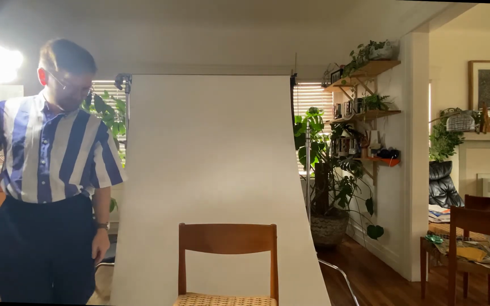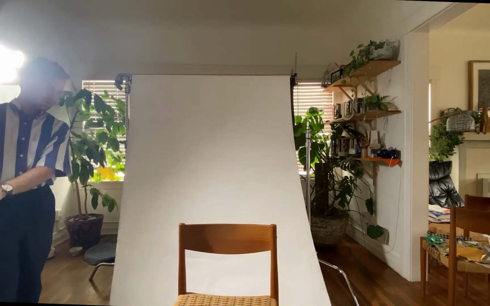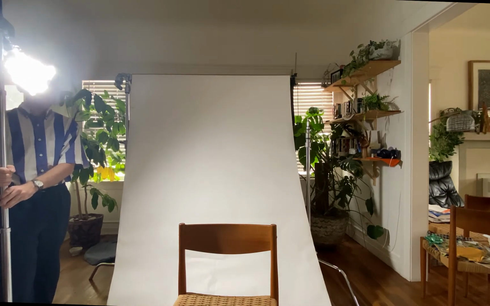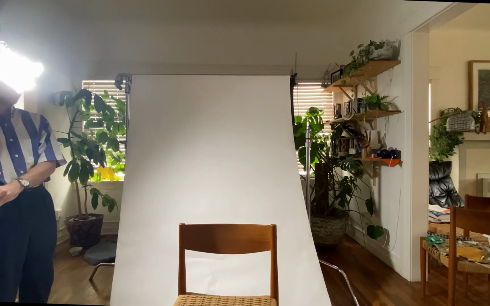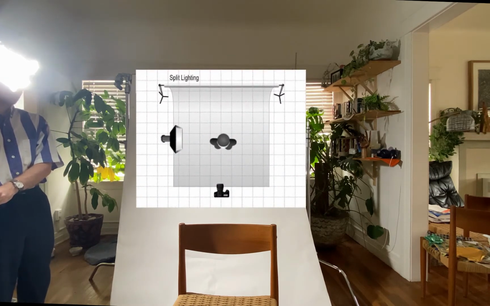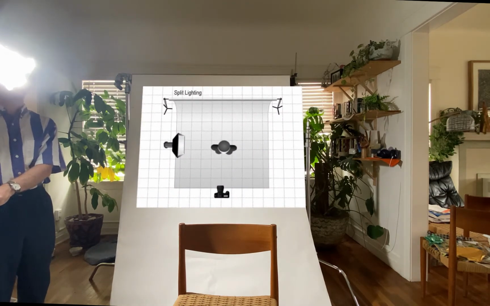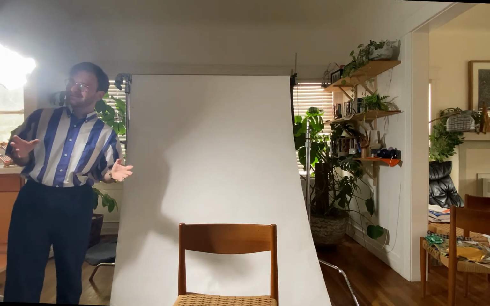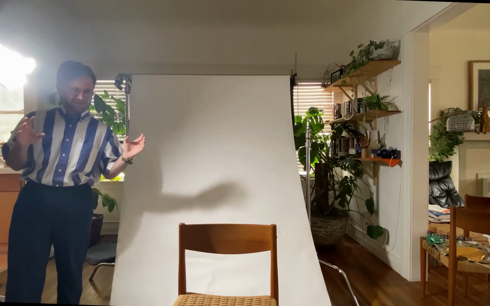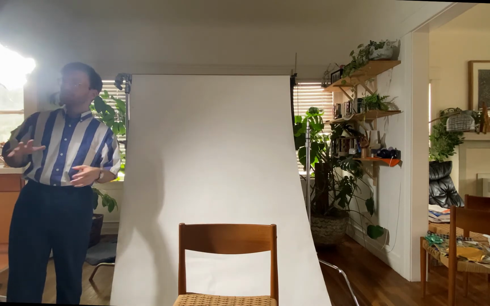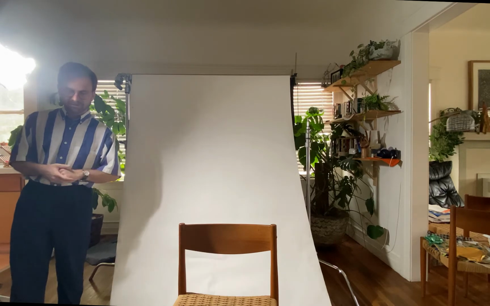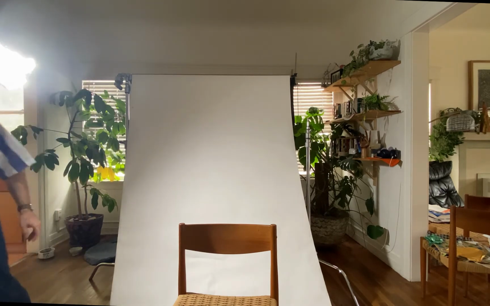And I'm even looking at the shadows of the chair so that I can ensure that it is as parallel as possible at that 90-degree angle. And we'll see how this looks and if we can set this up so that my face is split in two. We might have to lower or raise this light, but let's just have a look.